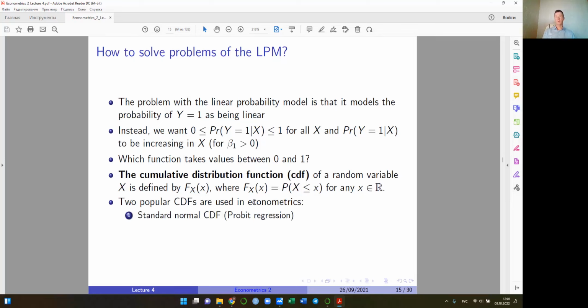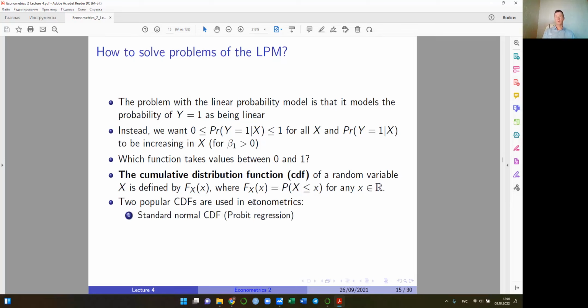And then we evaluate the CDF of a normal distribution at this point. So basically, the probability that y equals 1 given x is going to be the cumulative distribution function of a standard normal distribution evaluated at this linear function of x.